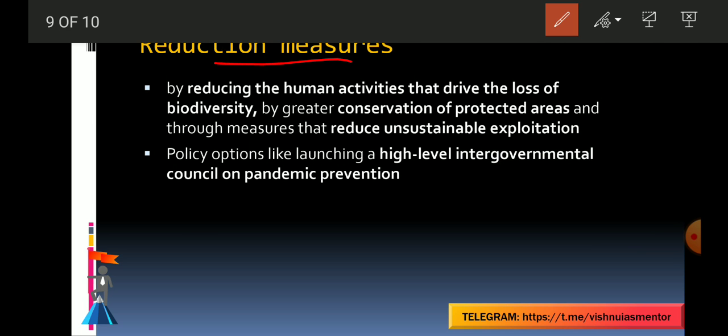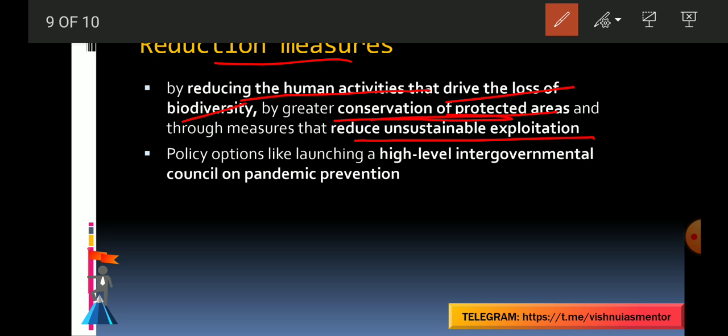How we can do it is by reducing the human activities that drive the loss of biodiversity, by greater conservation of protected areas, and by measures that reduce the unsustainable exploitation of high biodiversity regions. All these measures will help in reducing the contact between wildlife and humans.